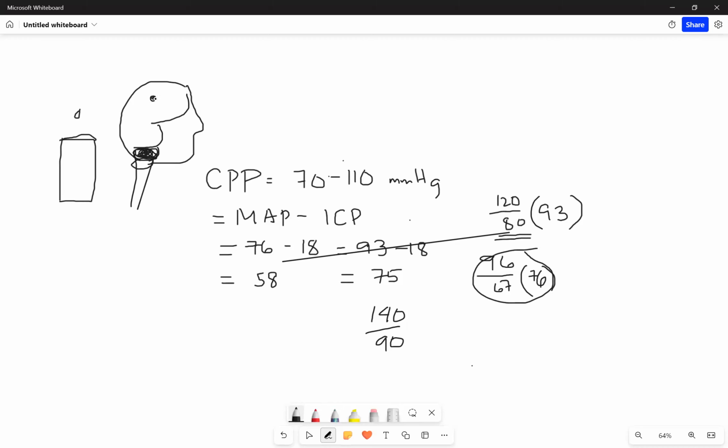Since the skull is already 100% filled, with 80% brain tissue, 10% blood, 10% cerebrospinal fluid, what will spill out? The cerebrospinal fluid is scattered all over because there are ventricles, there are spaces there. And blood is, of course, in the blood vessels. So what will come out?